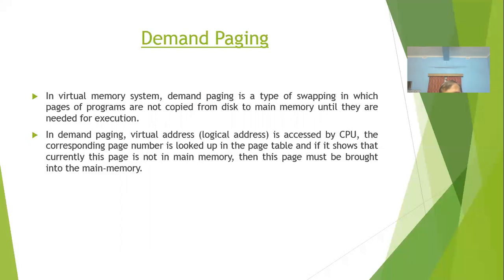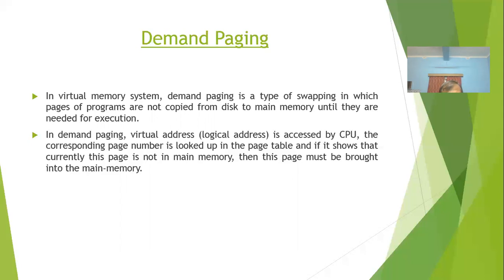We may start executing the program with loading only a few pages of the particular process. And that is being told here in virtual memory system. Demand paging is a type of swapping in which pages of the programs are not copied from the disk to main memory until they are needed for execution.